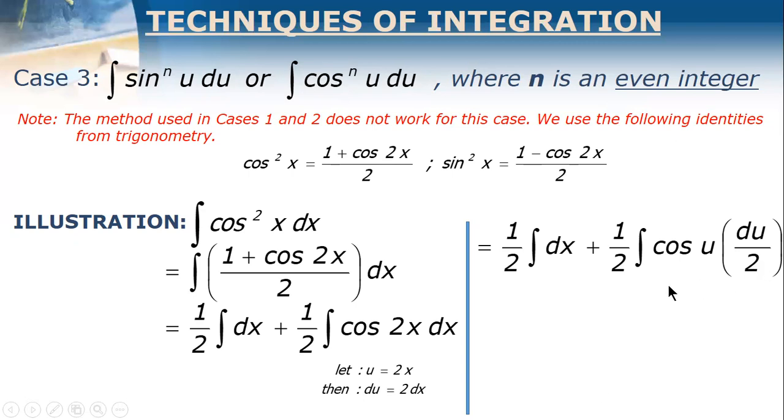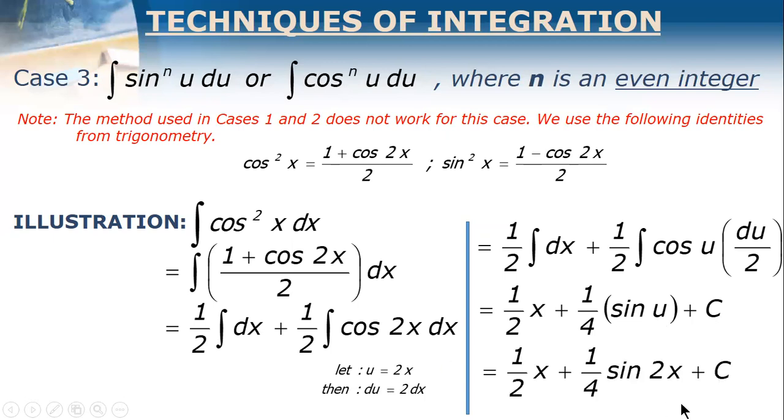So 1 half times 1 half is 1/4. You have 1 half x plus 1/4 integral of cosine u, which is sine u plus c. The final step is to replace u by its expression 2x, and we have this.